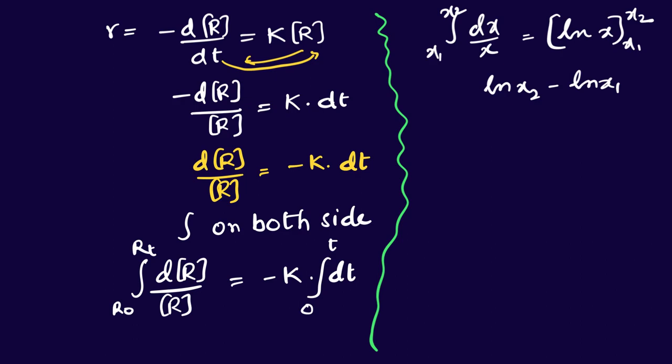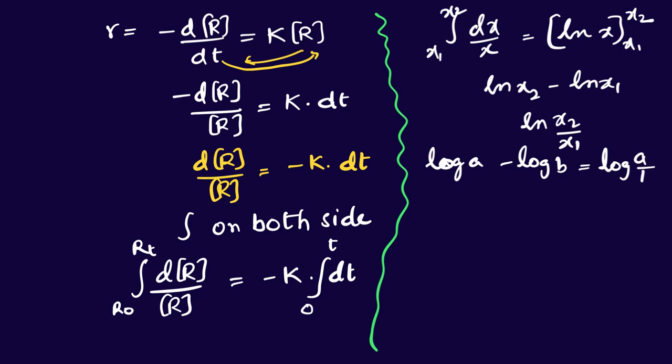This can be written simply as ln x2 by x1, because log a minus log b is represented as log a by b. Therefore, I wrote it in this format. Now, these are the mathematical formulas.